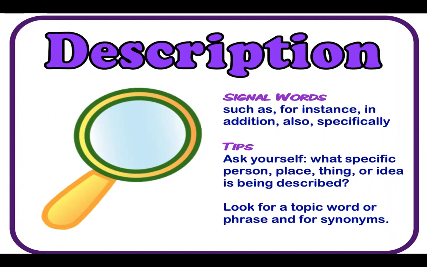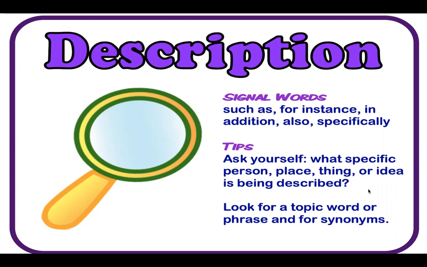A tip to keep in mind: you should ask yourself what specific person, place, thing, or idea is being described. That's really what it's all about. What's the topic of that passage? You want to look for a topic word or phrase and for synonyms that they use. Synonyms are just other words that mean the same thing as that topic.